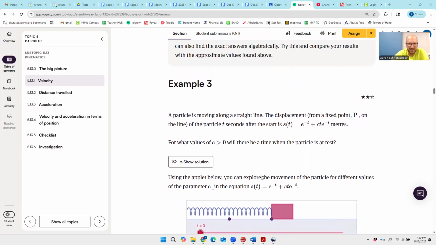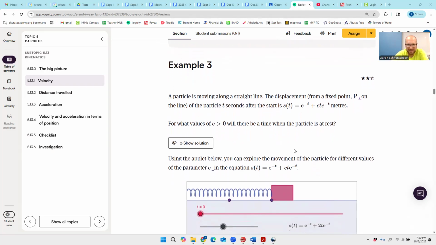Okay, example three. A particle is moving along a straight line. Its displacement from fixed point P on the line t seconds is given by this, in meters. For what values of c greater than zero will there be a time when the particle is at rest?